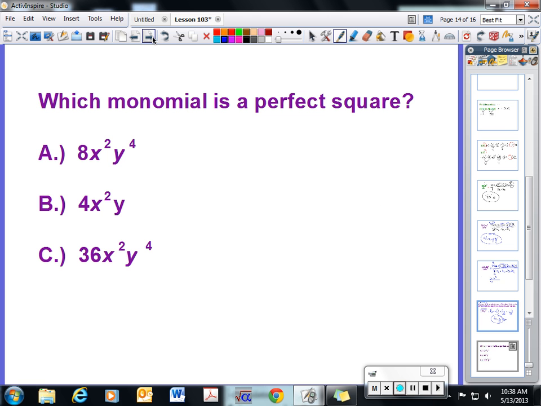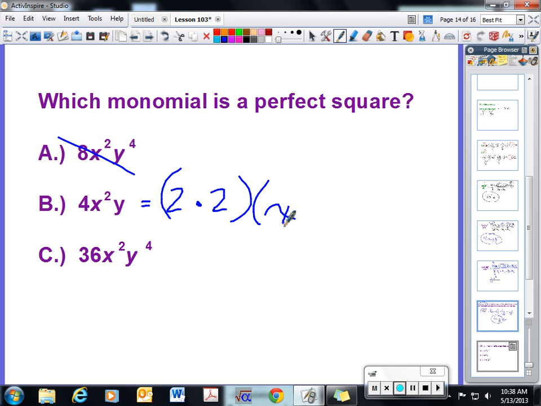Alright, so which of these is a perfect square? One of the first things you can do is just look at the number. Is 8 a perfect square? No, it's not. You can't take a number times itself and get 8, so it can't be A. Alright? Well, B is a possibility because we know we can separate 4 into 2 times 2. Okay, and if you like to group them like that, that would be fine.